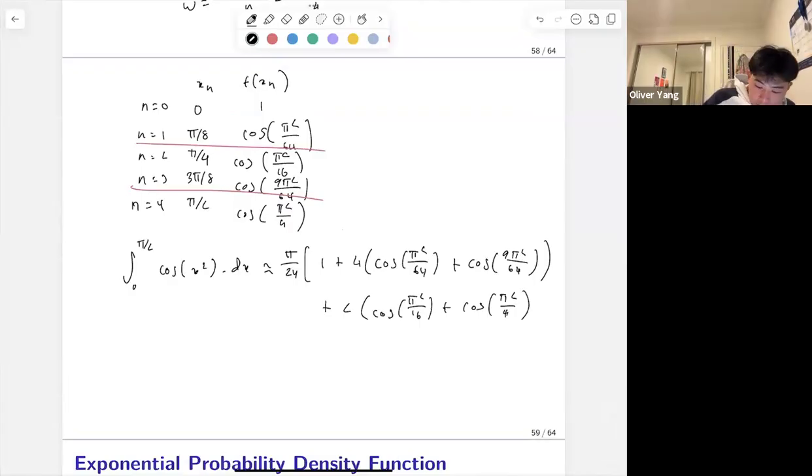Then you just plug it into your calculator and you should get some answer close to the real value. That's basically Simpson's rule. I don't think they can ask any really hard questions on this. It's literally just stock standard approximation.